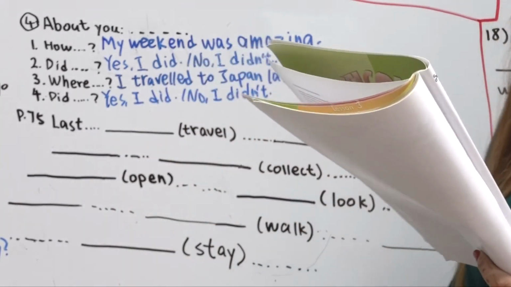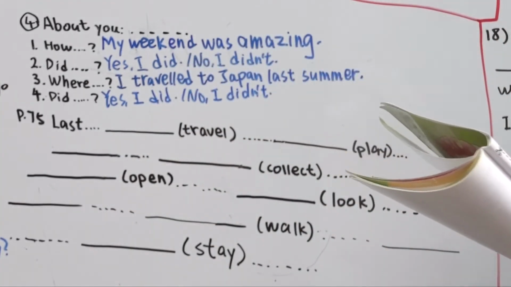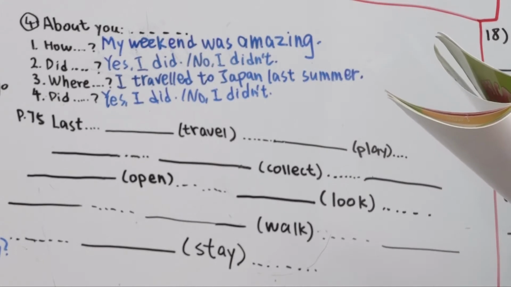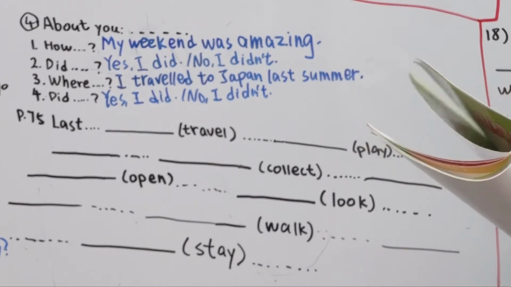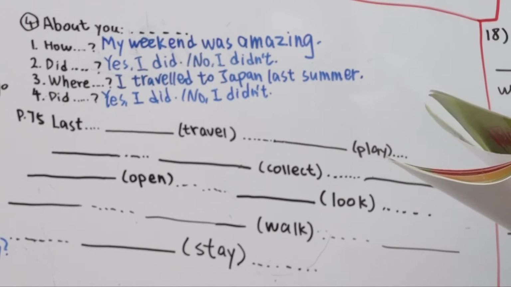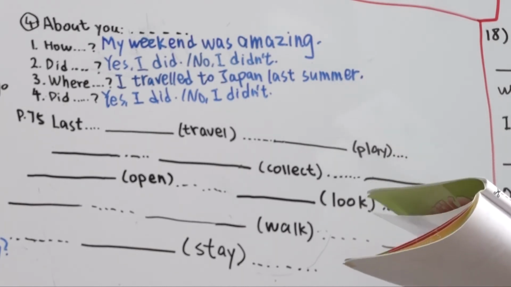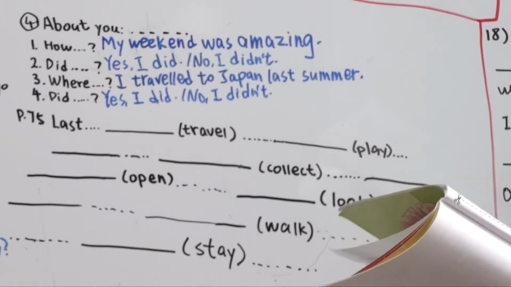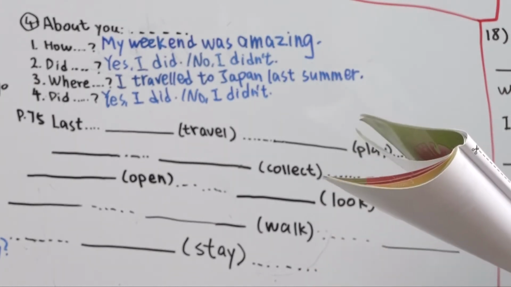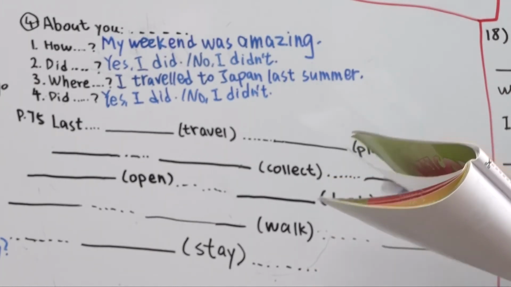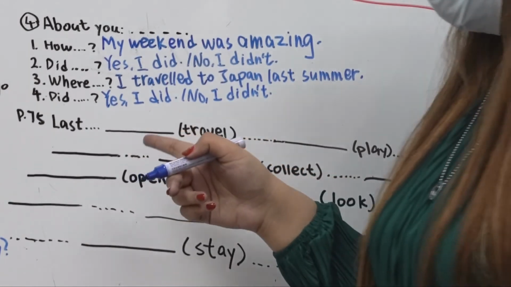Last summer, I space to Snowdonia. Travel becomes, how do we change travel here? We are talking about last summer, right?